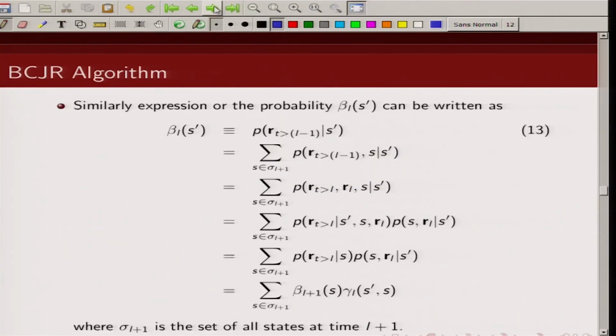So, similarly, we can compute betas recursively. So, from the definition we can write betas in this particular fashion, and again we introduce a new variable s and sum over all possible values of s.